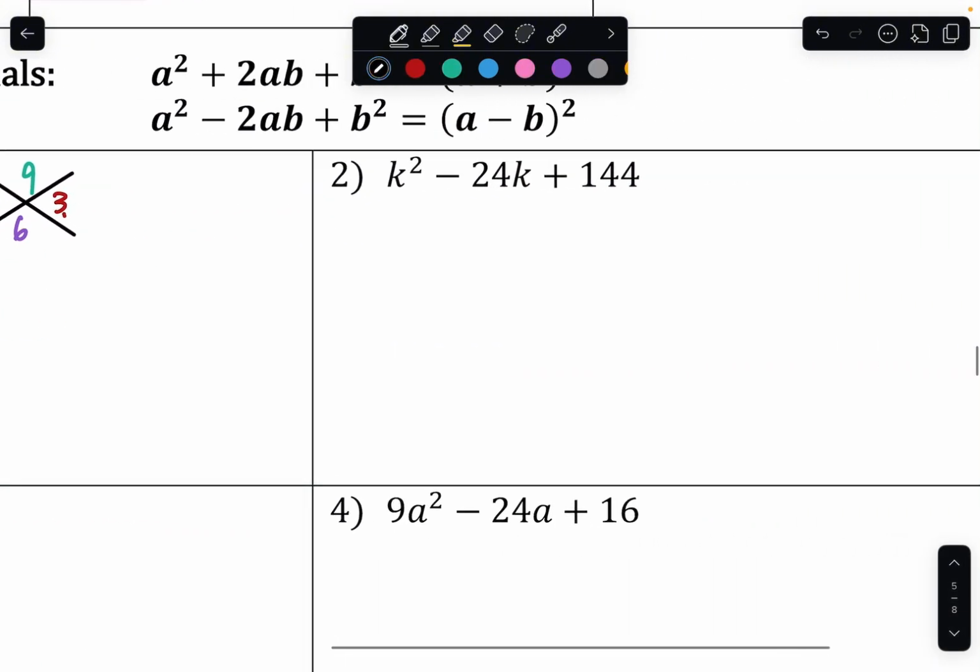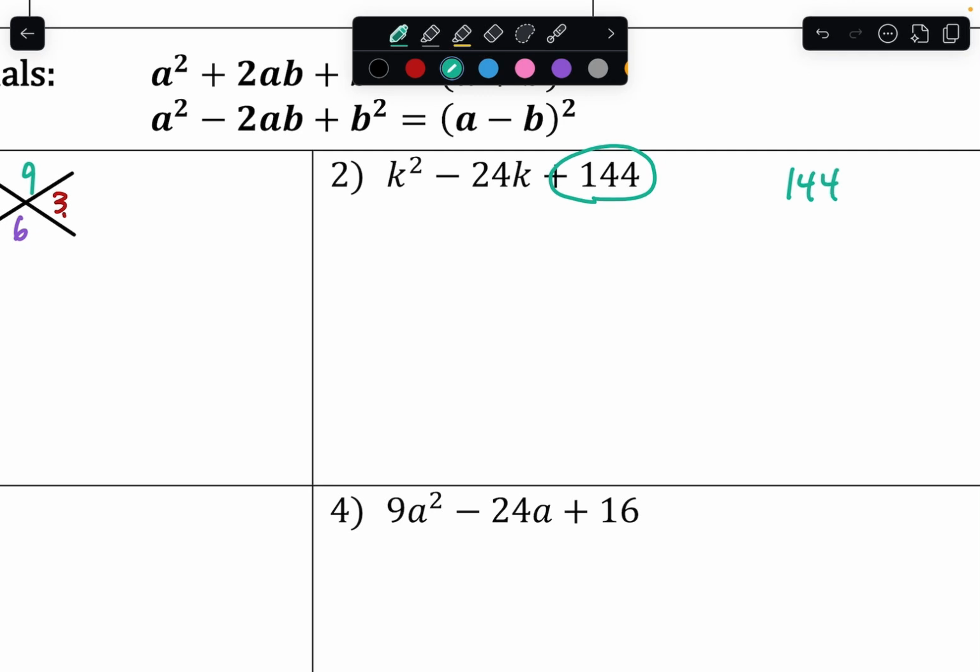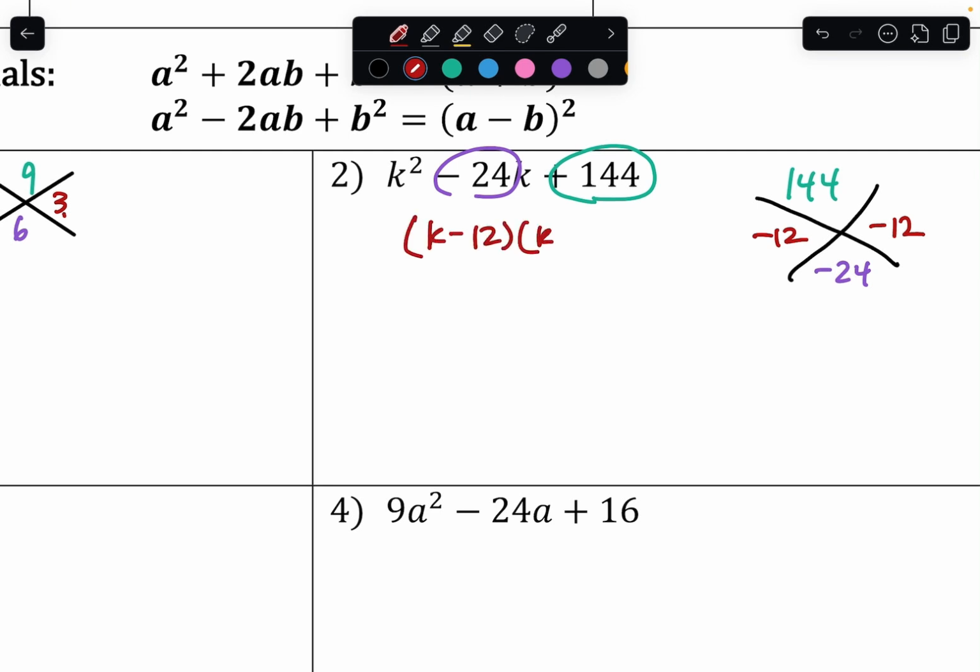Okay, for this next one, we're looking for 2 numbers that multiply to 144 but add to negative 24. Those numbers are negative 12 and negative 12. And so we could write this as k minus 12, k minus 12, but since they match, we're going to write it as k minus 12 squared.